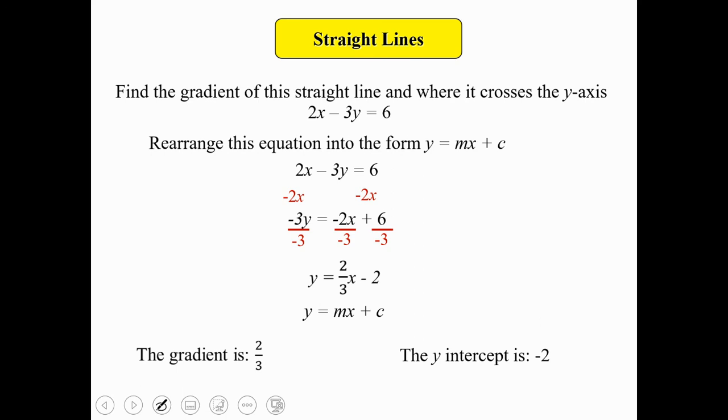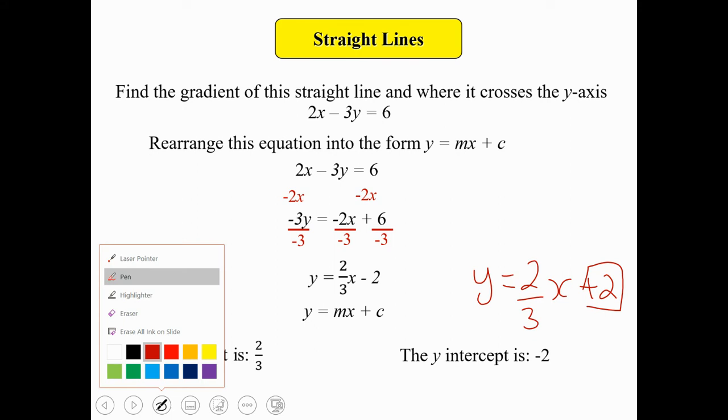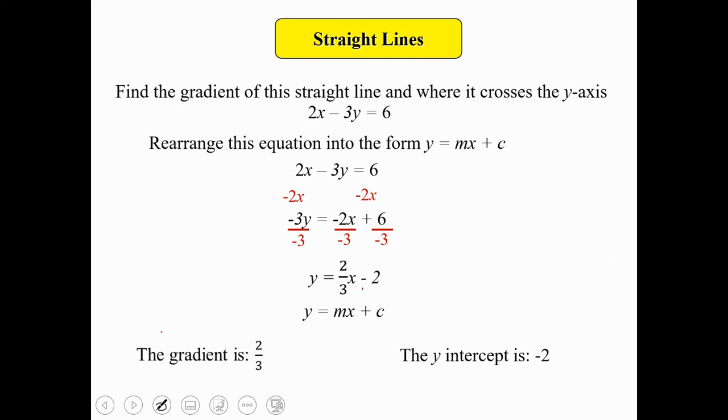The y-intercept would be 2 if the equation said y is equal to 2 over 3x plus 2. But because it's minus 2, be careful about that. My y-intercept would be minus 2.